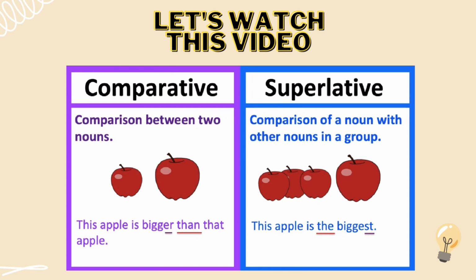There are several rules that we need to follow when forming the comparative adjective or superlative adjectives. These depend on the letter in the word or the number of syllables. If you would like to learn more about the rules you need to follow when forming comparative and superlative adjectives, then click the video here.